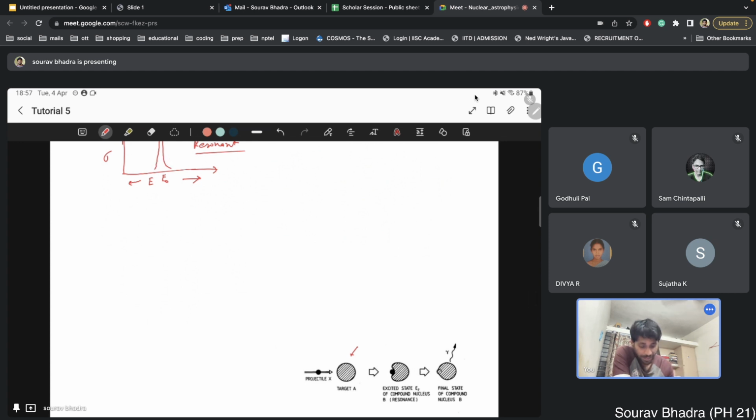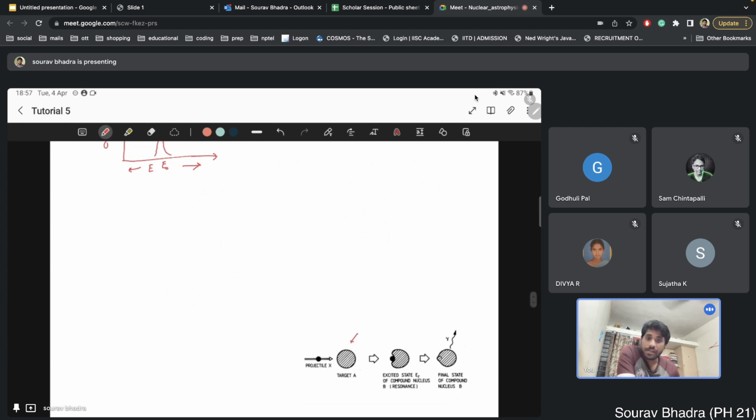Then it will emit a gamma ray. First it will create an excited state of the compound nucleus, and then there will be a gamma decay, and the excited nucleus will come to a ground state. That is the understanding of resonant reaction. So it is a two-step reaction, whereas for our non-resonant reaction it was a one-step reaction.